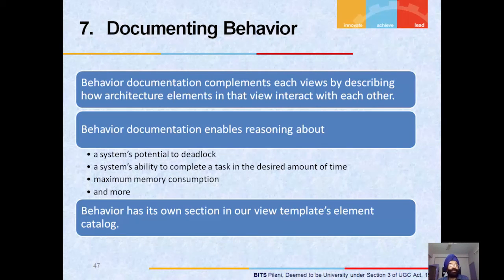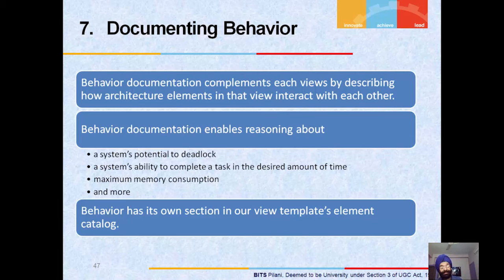Now, behavioral documentation complements the views. The views on their own may not be able to speak for themselves. Behavior documentation helps them to speak up. It indicates the behavior. It will give us information about deadlocks, time desired, memory usage.